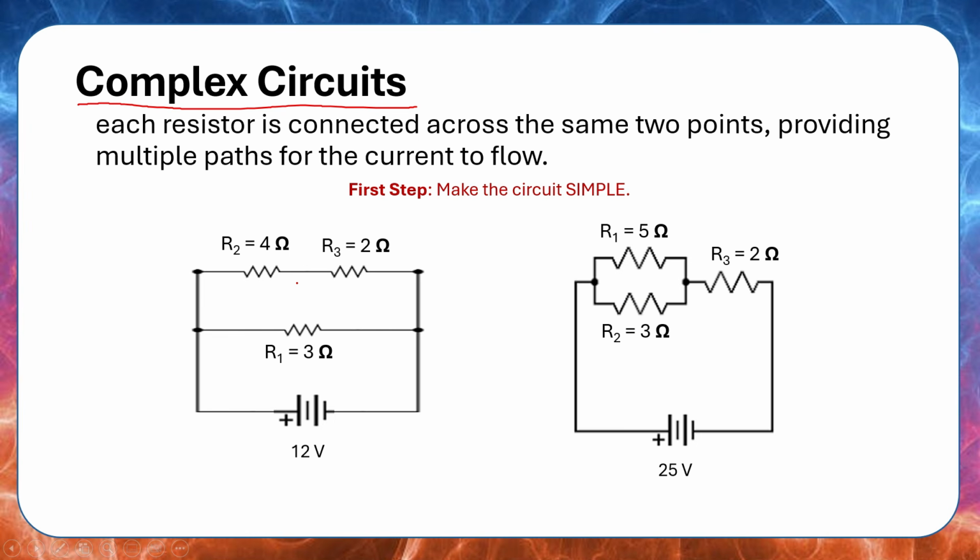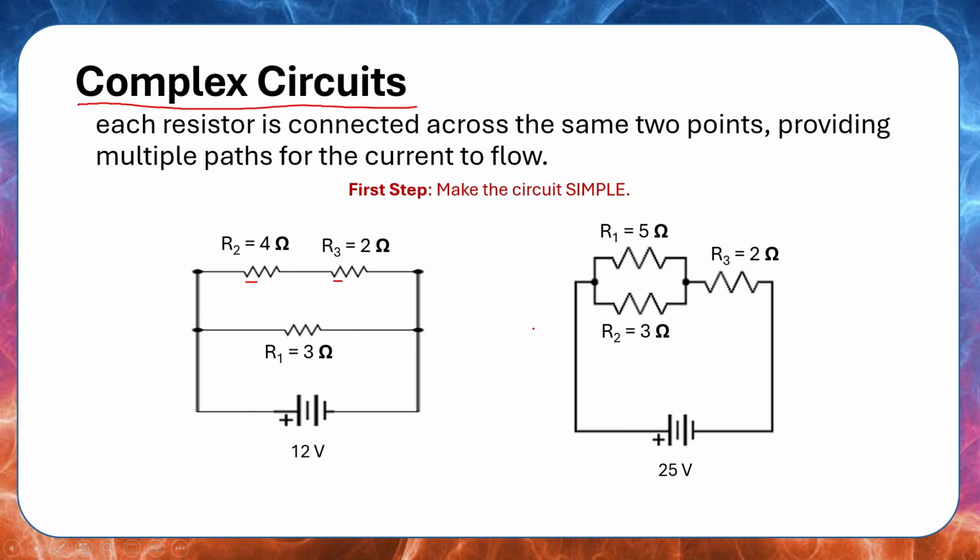So how to make this into a simple parallel circuit? Look at these two resistances here, this and this. They are in series. They're in one path. It means it is going to follow the total resistance R1 plus R2 plus R3 and so on. So here we can just add them up to get the resistance in this path here.